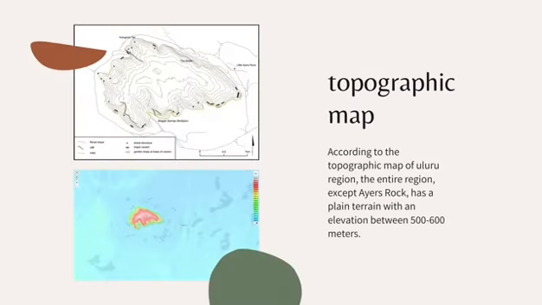According to the topography map of the region, the entire region except Ayers Rock has a plain terrain with an elevation between 500 to 600 meters. You can see that there are no rivers in the entire area, and there is no humid air because it's landlocked and far from the ocean.